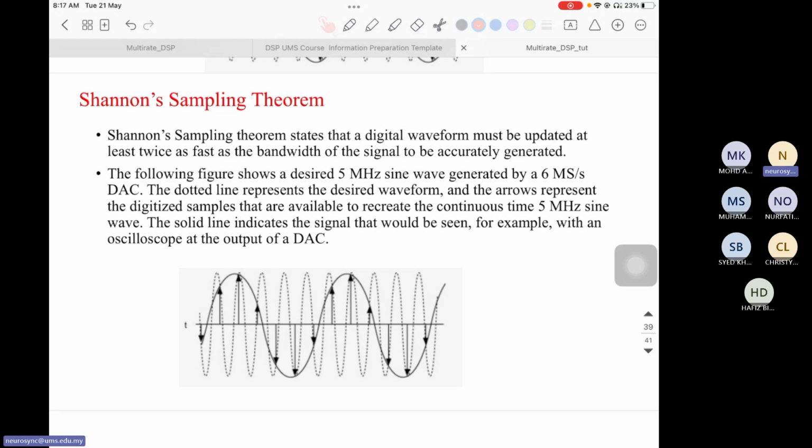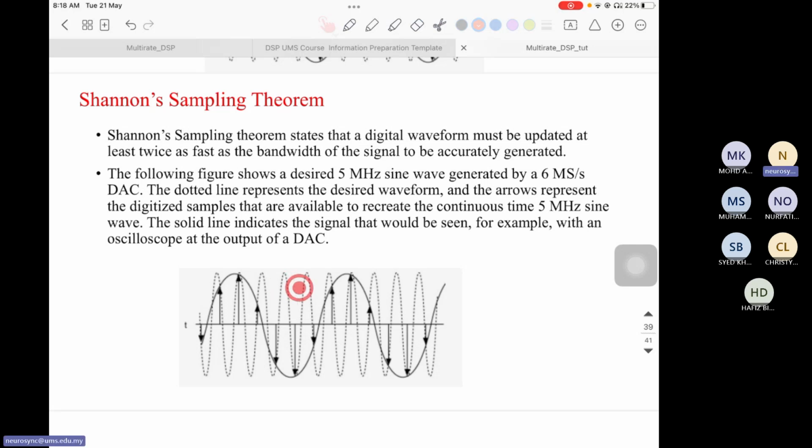Now this is the same figure with a 5 megahertz sine waveform, which we are generating with a 6 mega samples per second DAC.